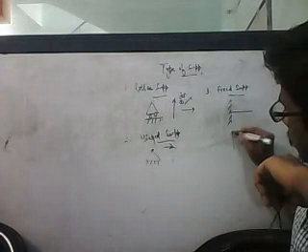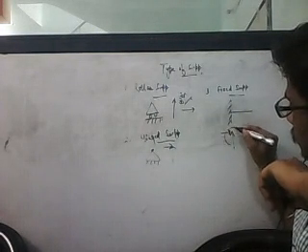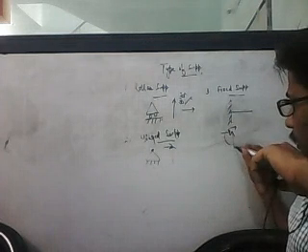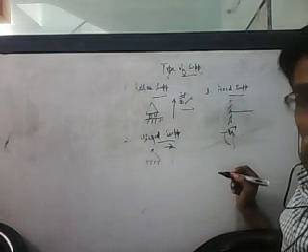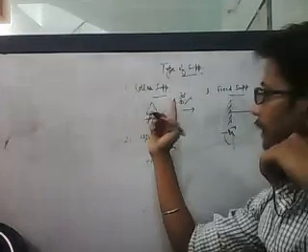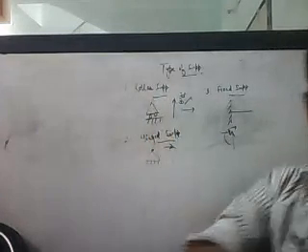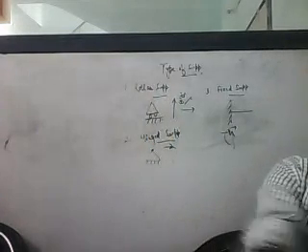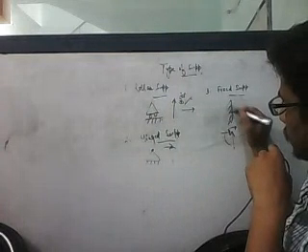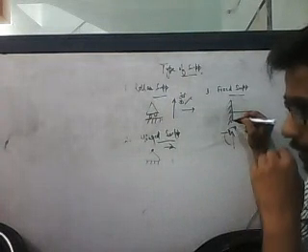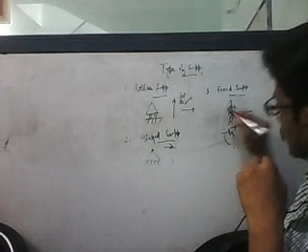This one will be like this: a vertical, a horizontal, and a moment. The fixed end is here. That's why it is towards the direction of the beam.